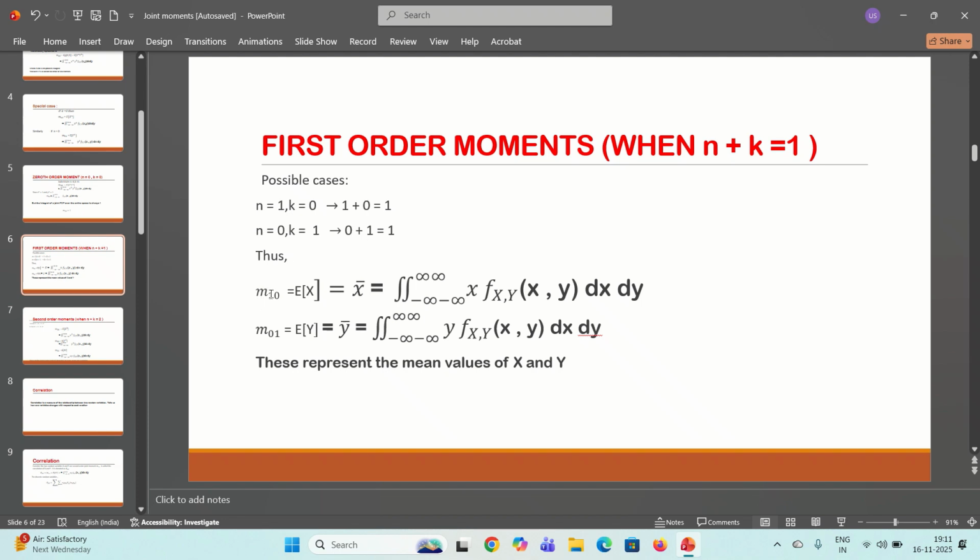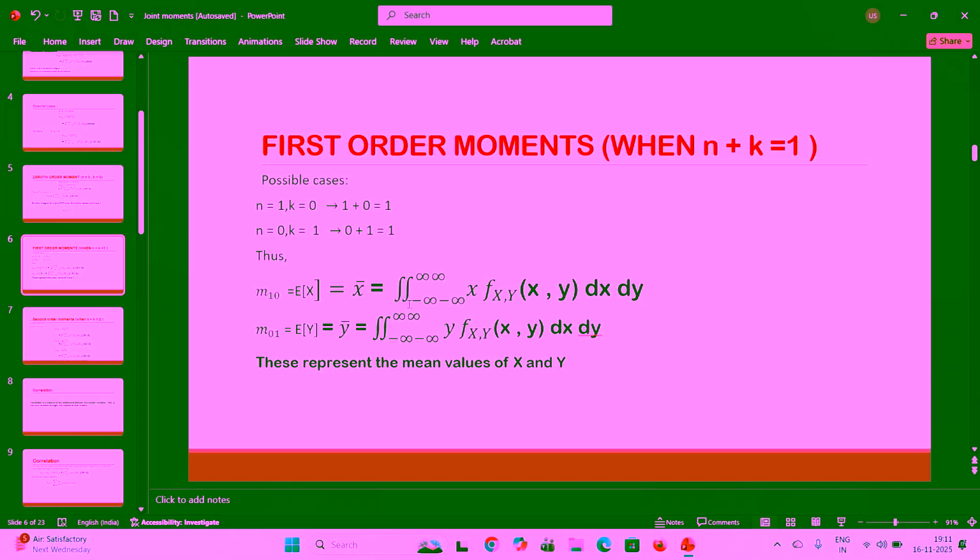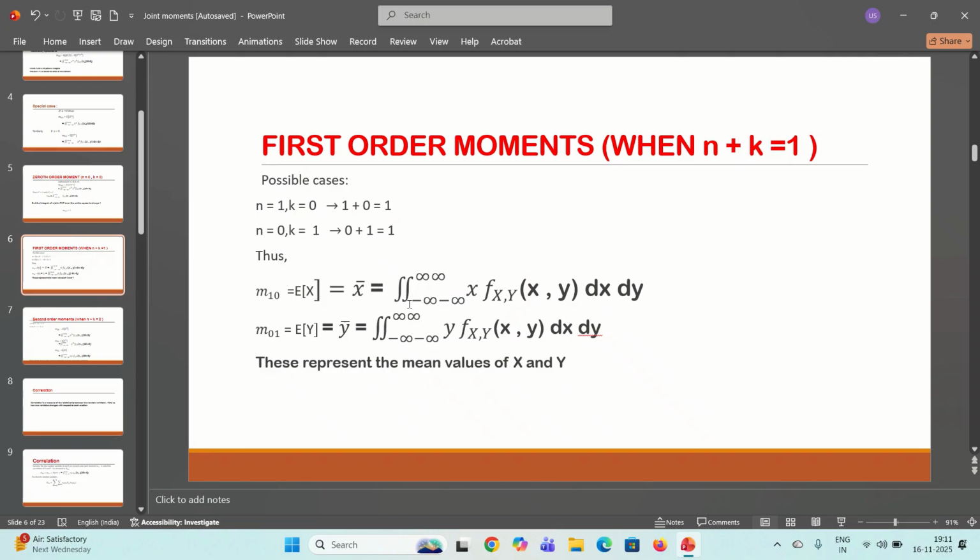Thus, M10 equals expectation of x, which equals x bar. That equals double integral from minus infinity to infinity of x into f_X,Y of x comma y dx dy.